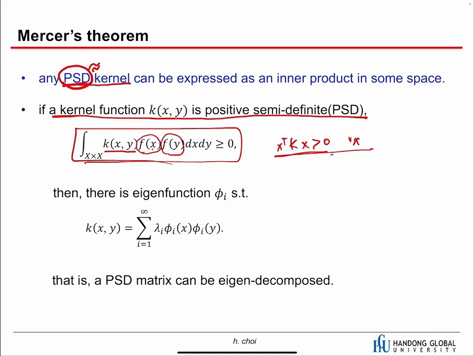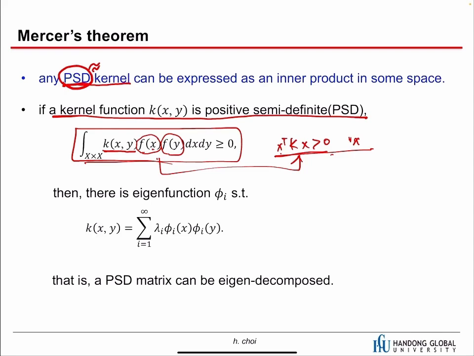If we change this x, then f of x will be a vector and f of y will be a vector, and k of x, y will be a kind of matrix. So basically, this is the same thing. But in this case, f of x could be in an infinite dimensional space. In this case, it's a little hard to imagine that kind of situation. But basically, they are talking about the same things.